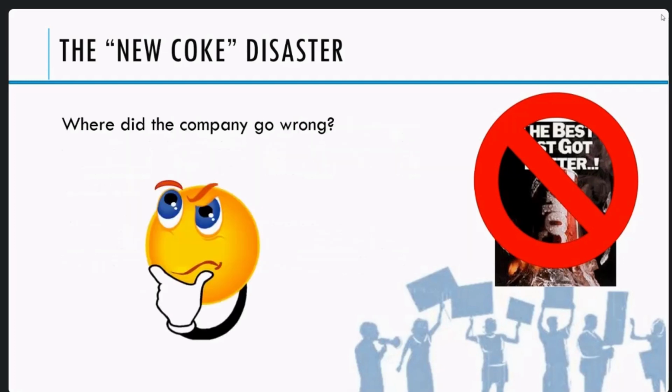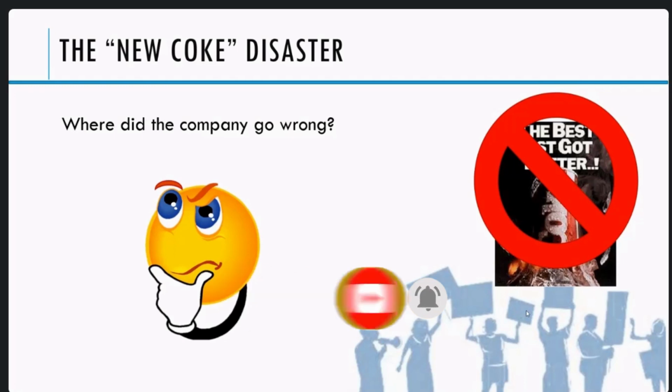Now the question comes that where did the company go wrong? Why it was beaten badly? Why the people launched campaigns? It is the absence of diagnostic data analytics. That means along with the previous data, upon the previous data, the company didn't go for diagnostic data analytics.